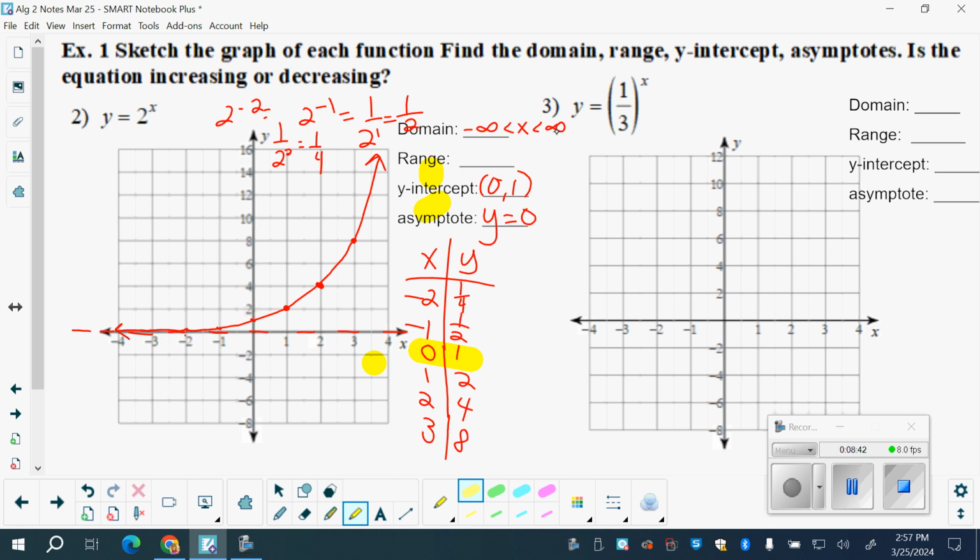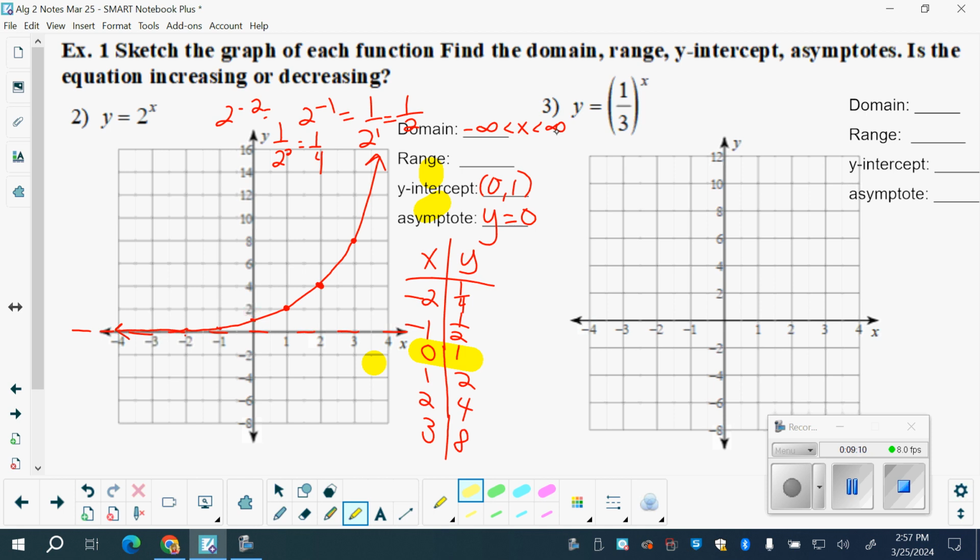What's our range? So the range is x values or y values? Y. So the y is up here. What's the range? Will the y value ever be 0?